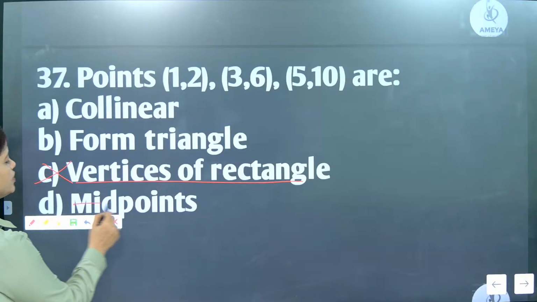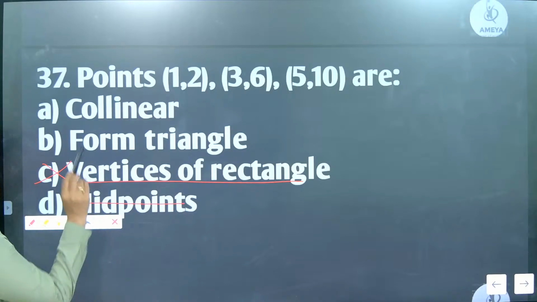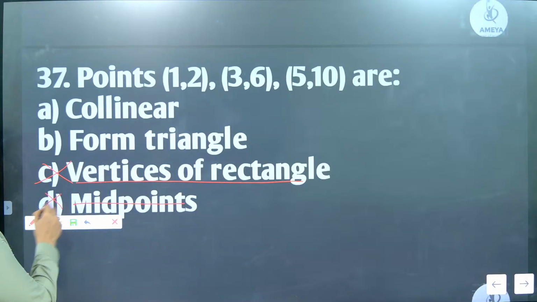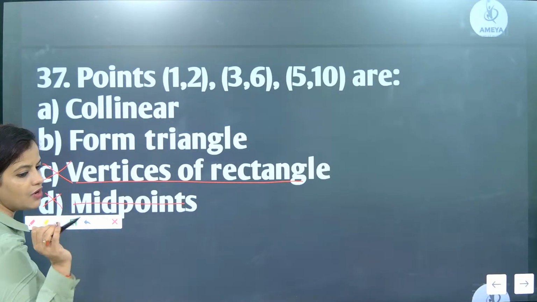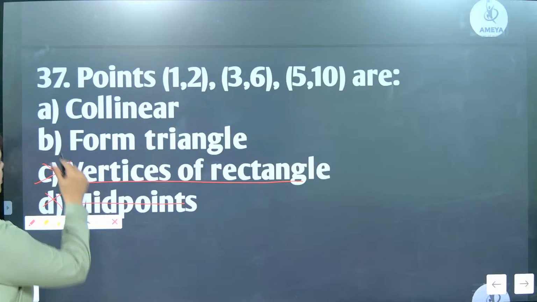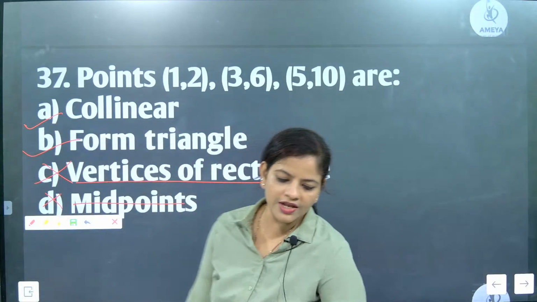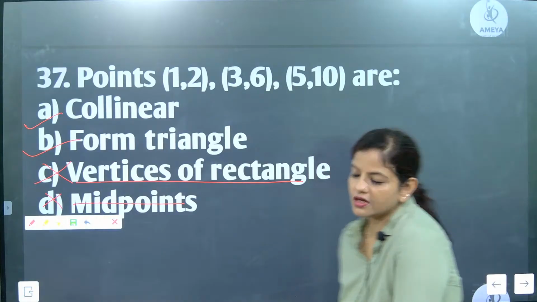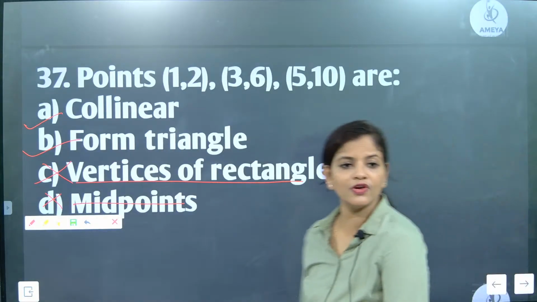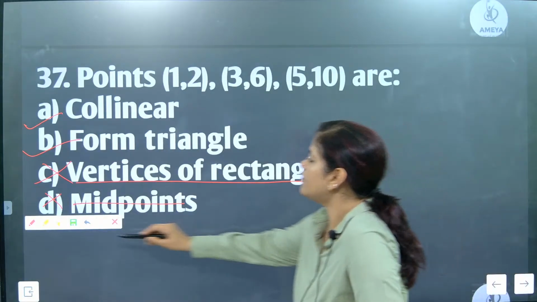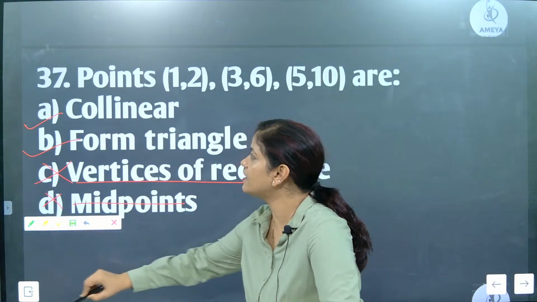Now we are going to talk about midpoints. How can these vertices be midpoints? This is also not possible. Now our total concept lies between collinear and forming a triangle. So let's check this one out. For collinear, we use the area of triangle formula. What is our area of triangle formula, beta?